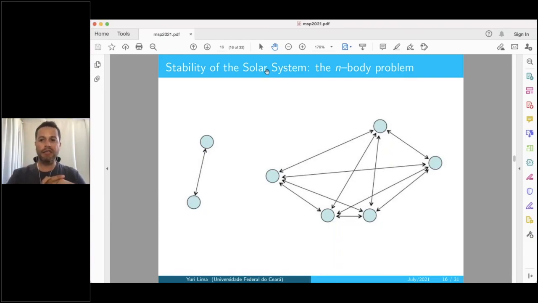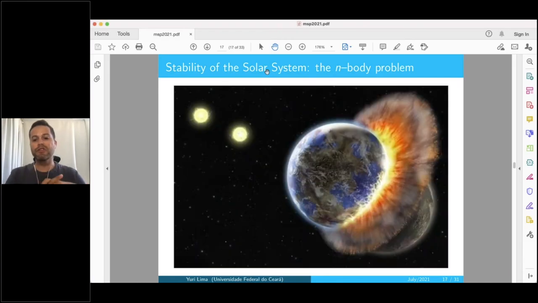And here, stability means that no such situation will occur in the future. So for instance, if your model predicts that eventually two planets will collide, just like what the picture is depicting here, then we would say that the solar system is unstable, is not stable.